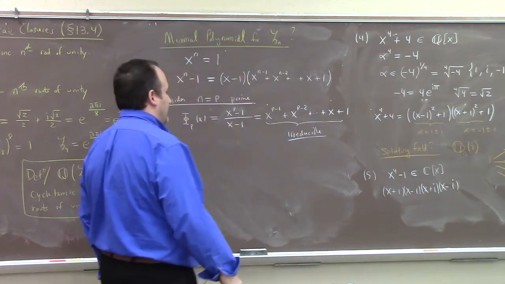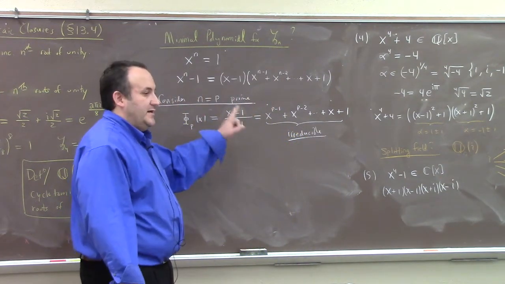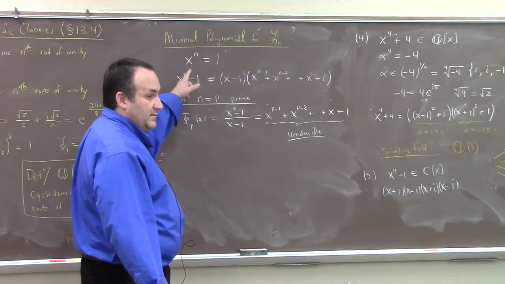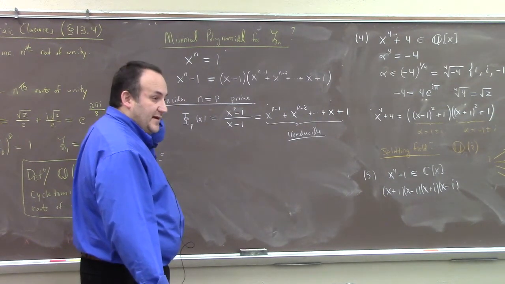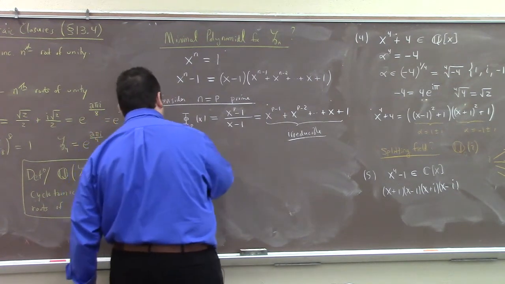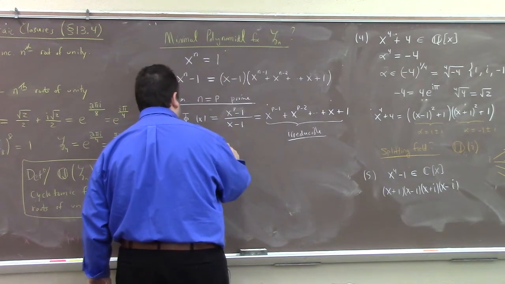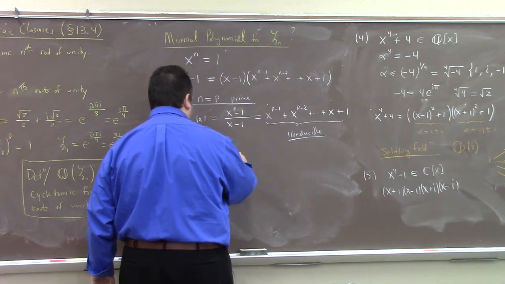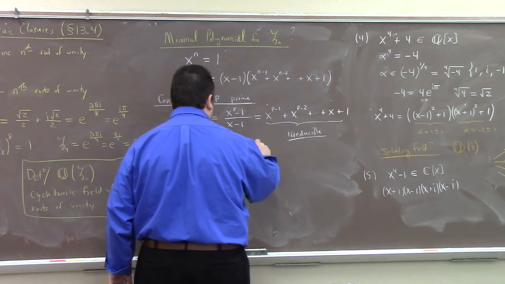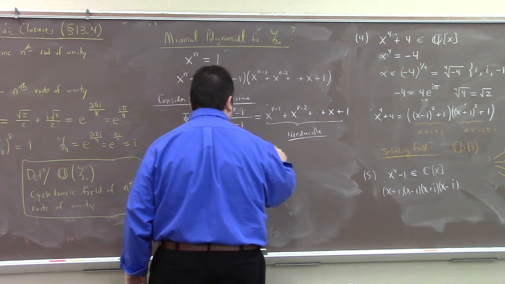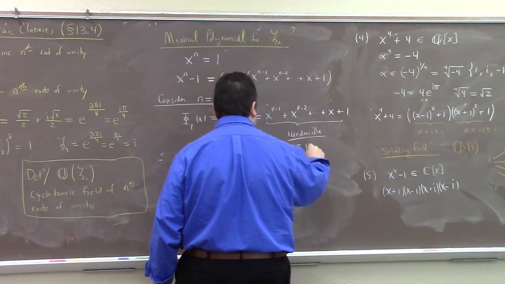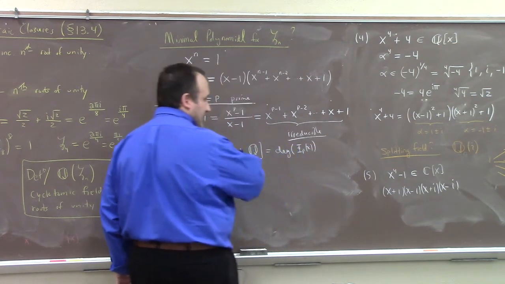That means we found a monic irreducible polynomial which takes the pth root of unity as its 0. Therefore, Q extended by the pth root of unity is degree what over Q? It's the degree of the cyclotomic polynomial, which is p minus 1.